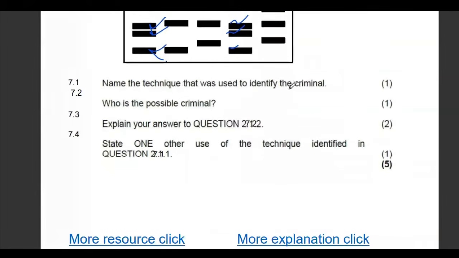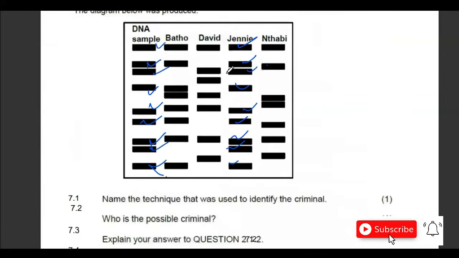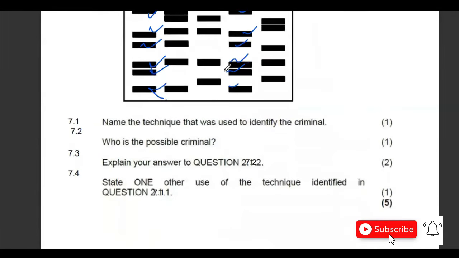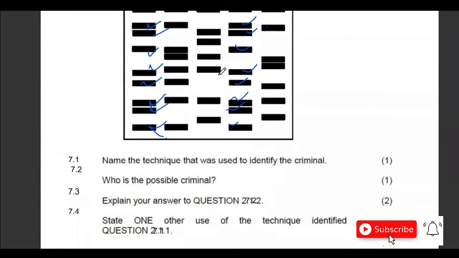And the technique which was used is the DNA profiling technique, and what is being shown here is a DNA profile. So you must know the difference. A DNA profile is not a technique. A DNA profile is what you obtain when you analyze the DNA sample. So who was the possible criminal?